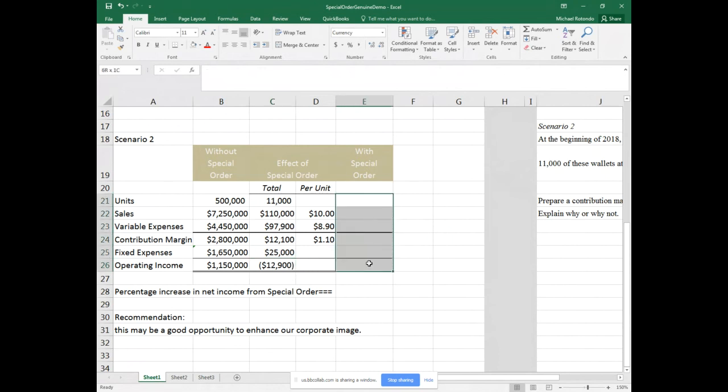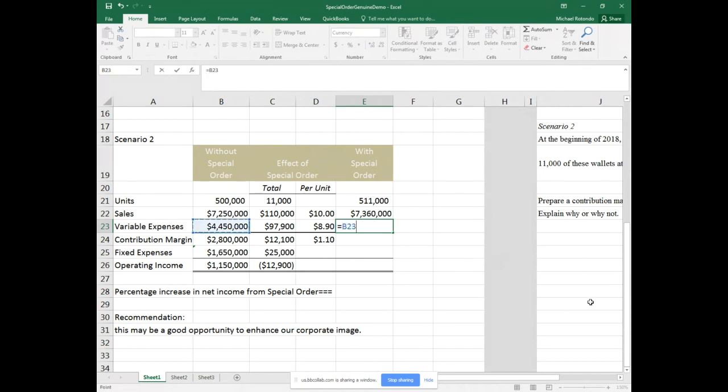Now, if we're going to fill the rest of this out, what will it look like with the special order? So we know we would have 511,000 units. Our sales would be 7,360,000.